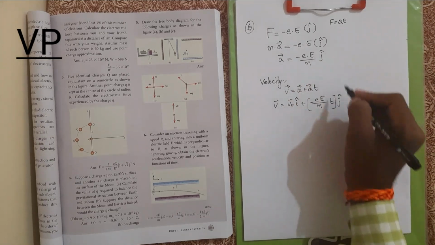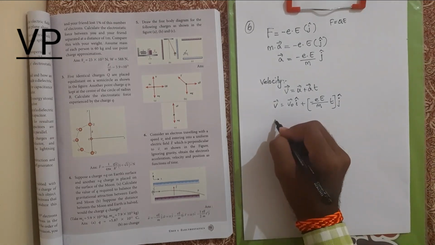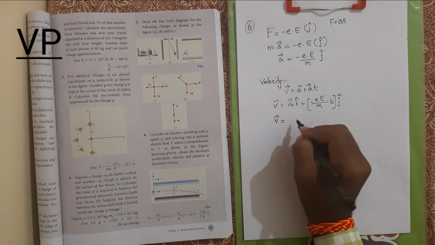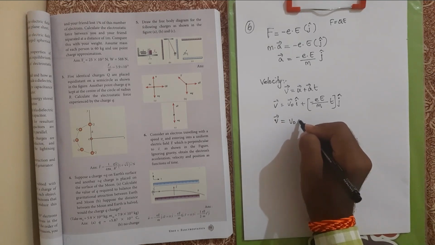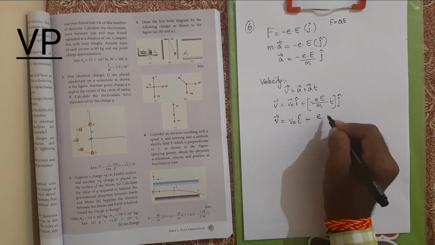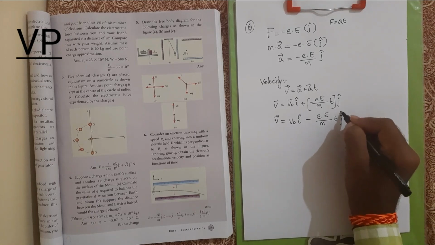In acceleration there is j cap, so the j cap direction. So the velocity vector v is equal to v naught i cap minus e E by m t along the j cap direction.